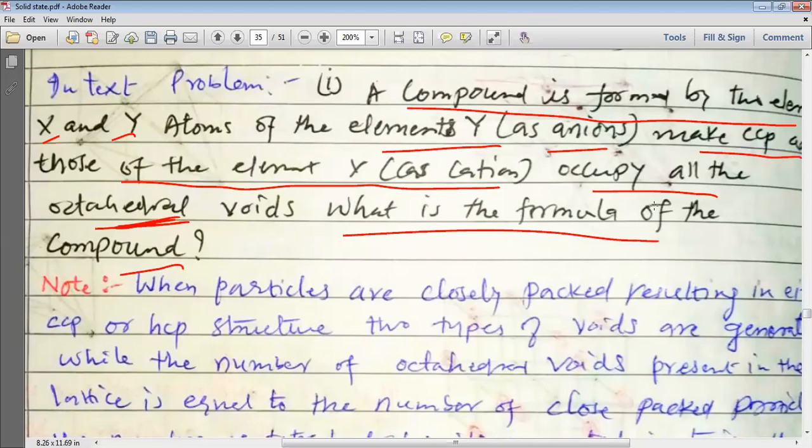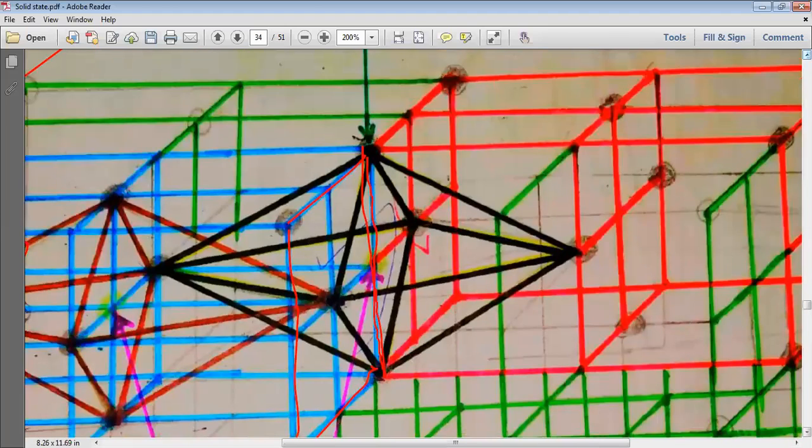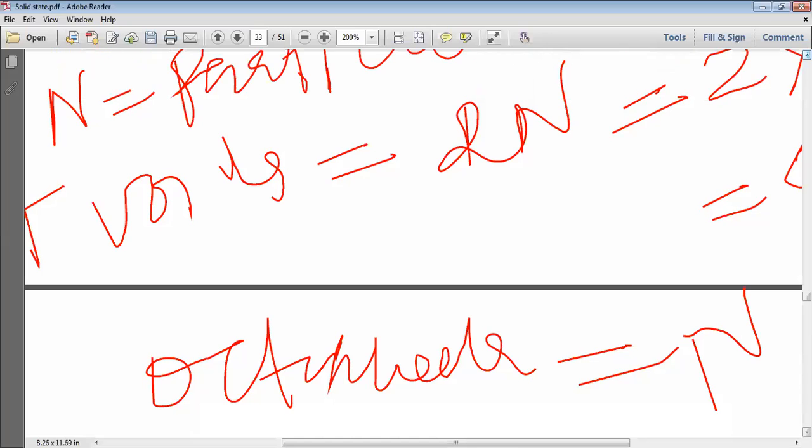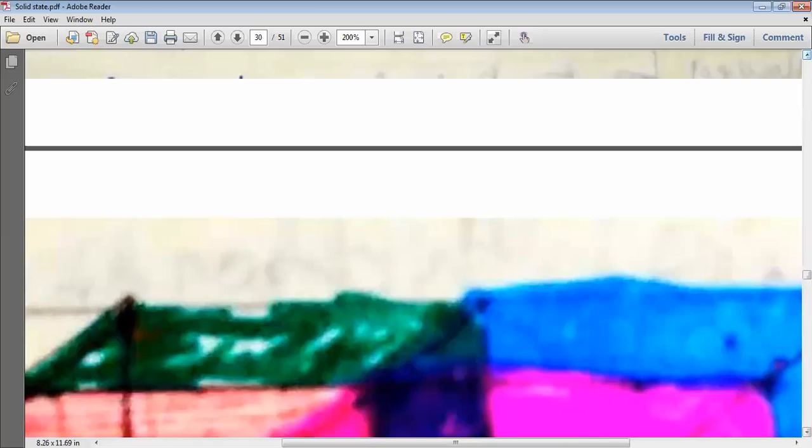Please remember that we have Y, which is anion. So this anion takes all this base structure, which I have shown you with the pencil in this arrangement, you can see. Please try to understand it well so that you will never have a problem in your future to understand any such question.